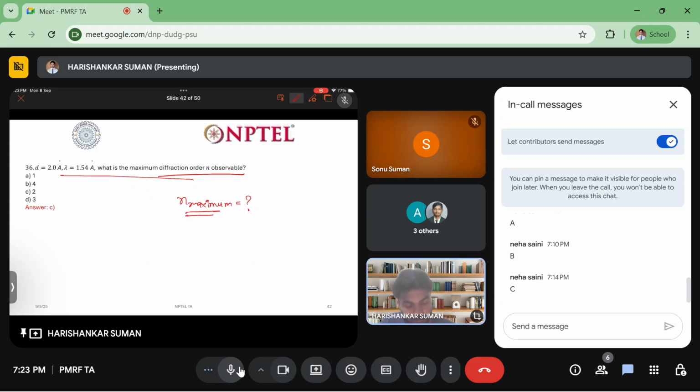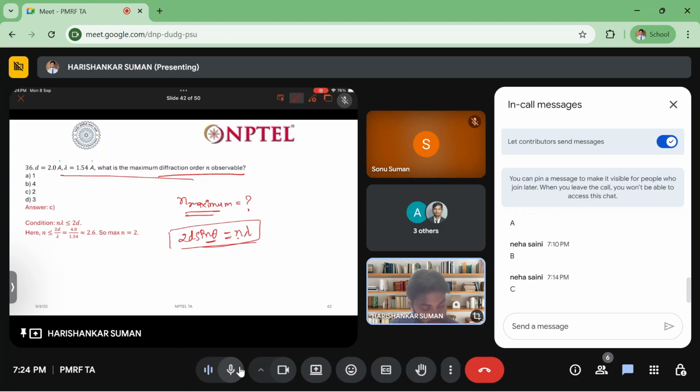Yes, please answer. So the answer will be 2. You know 2d sin theta equal to n lambda, and we have to maximize n. So n will be maximum if lambda is fixed, d is fixed, when theta is maximum.